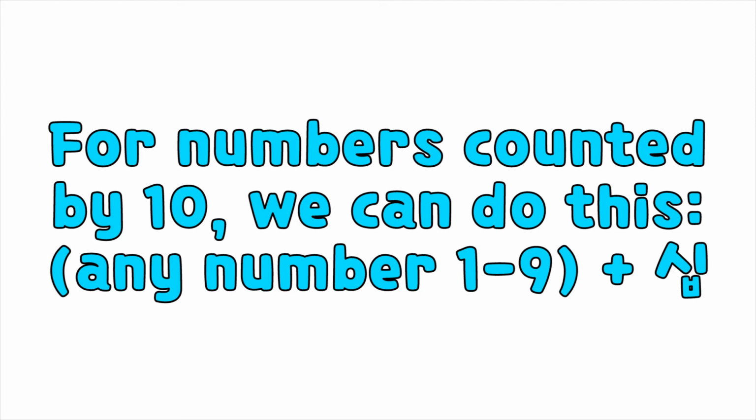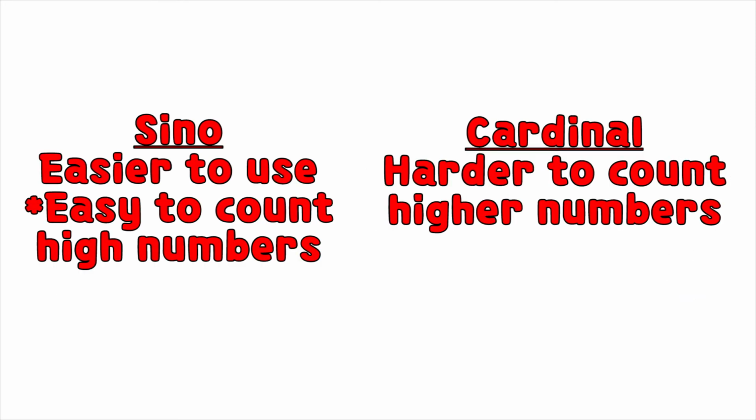So like 90분 would be 90 minutes. And 80분 would be 80 minutes. With time, again, we might not use that, but in the sense that sino numbers are a lot easier to actually count. Once you get higher up in the cardinal numbers, it's a lot more difficult. But luckily with time, we only stick with 12.